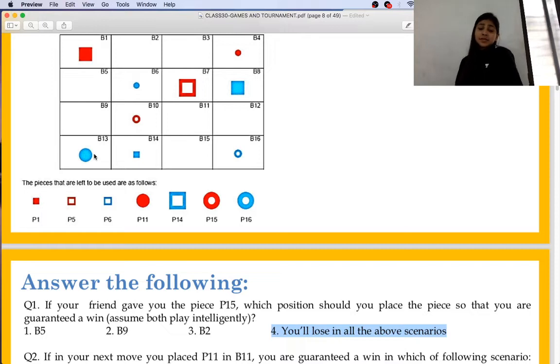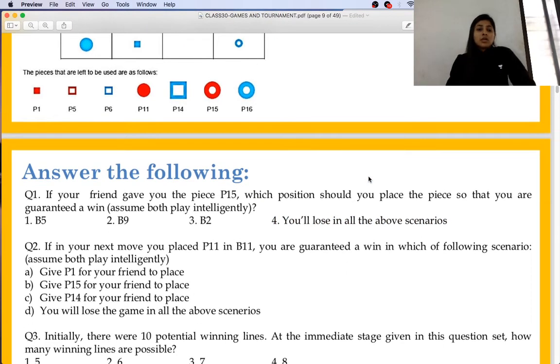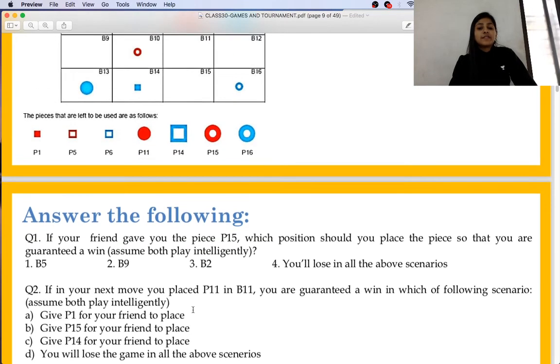What is the answer? Options are you can give your friend P1, P14 or P15. Options are give P1 to your friend to place, P15 to your friend to place, or P14 to your friend to place, or you will lose in all the above scenarios.